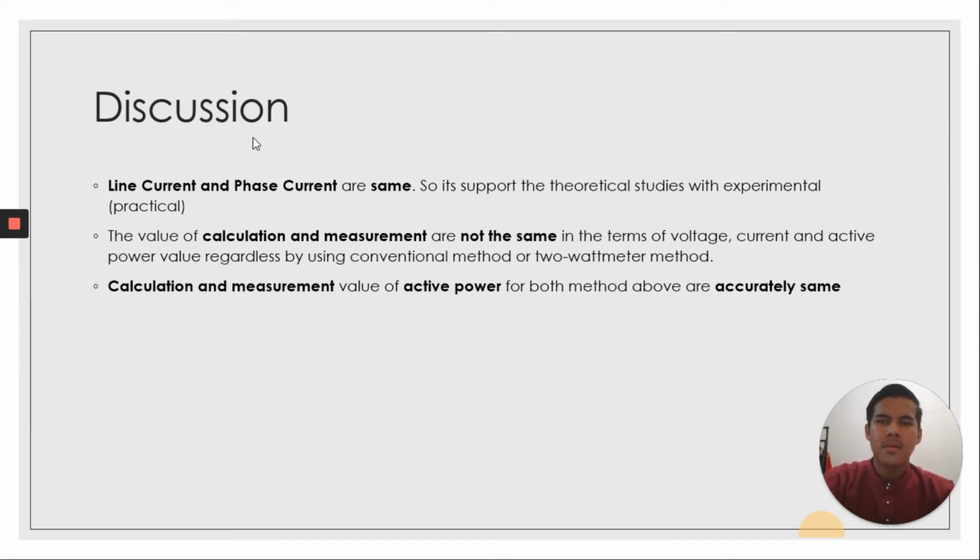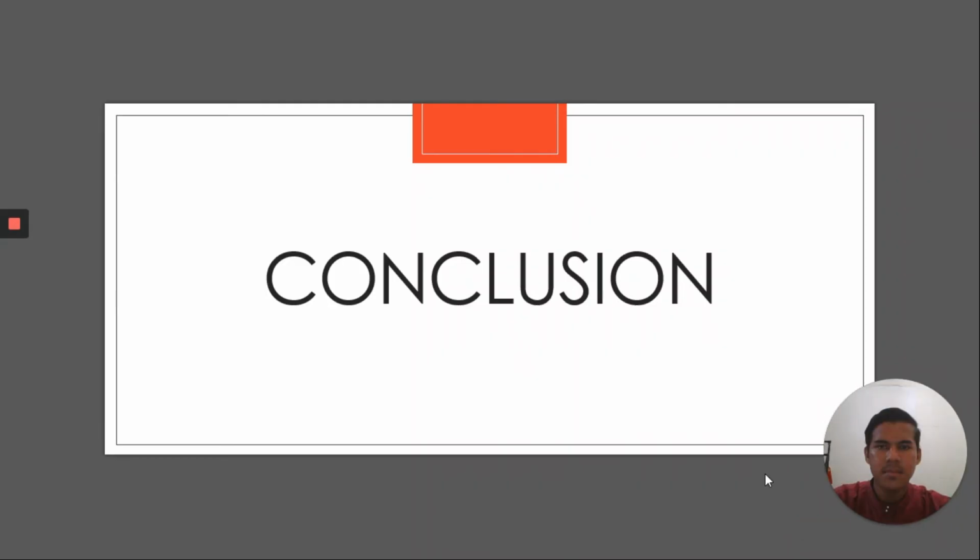The values of the calculation and measurement are not the same for voltage and current, but active power is slightly different. Regardless of whether we use the conventional method or the two-watt method, it will not get the same value.